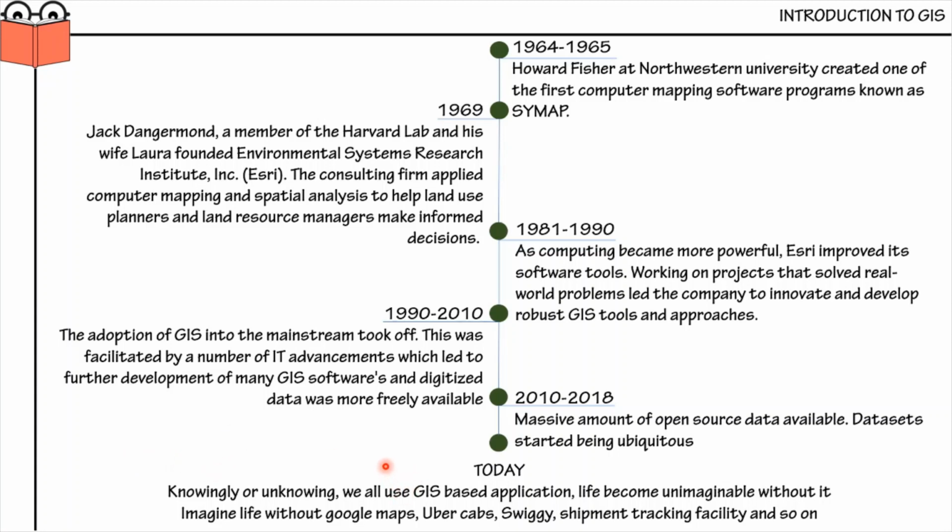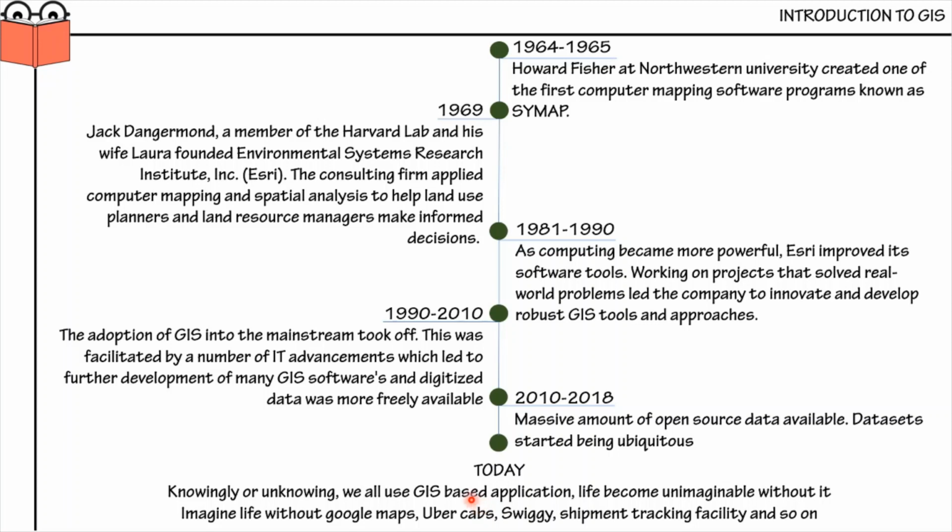Data started being freely available. Between 2010 and 2018, massive open online data started being available. A lot of data, like I told you, from a lot of sources. Today, I just showed you a few of the very basic things that we could do using GIS. So we have a lot of things that we can do.